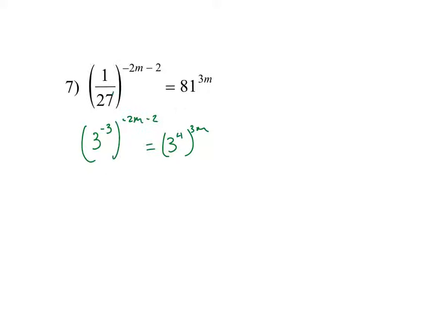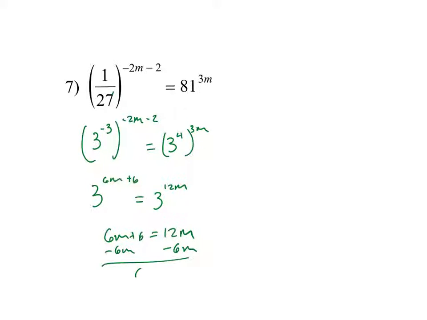So 3 to the 6m plus 6 equals 3 to the 12m. Again, same bases, so exponents are equal. 6m, so 6 equals 6m. Now I'm going to divide by 6, so m equals 1.